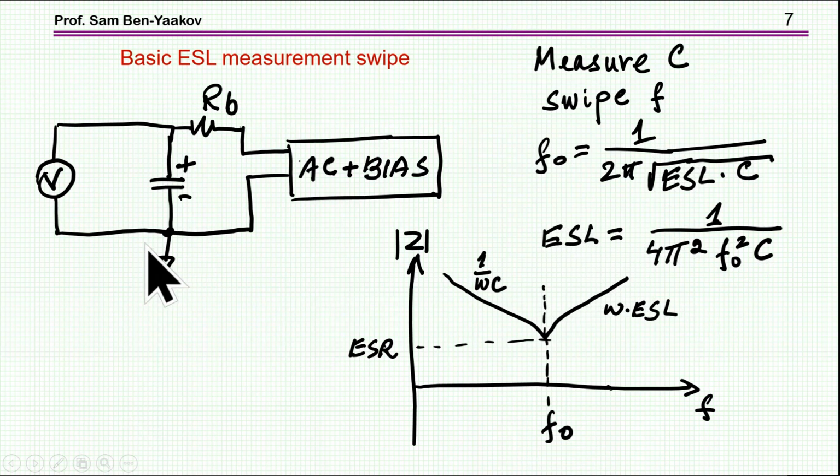Now the setup will include some means of measuring the voltage. There is a resistor for limiting the current at the resonance because the impedance is very low. And then there is a source, and usually you like to add a voltage bias to operate an electrolytic capacitor in a normal way rather than around zero. Okay, so it's a fairly simple setup that you can set up in any lab, as a matter of fact, and get the resonant frequency. And if you measure the capacitance, then you can get the ESL.